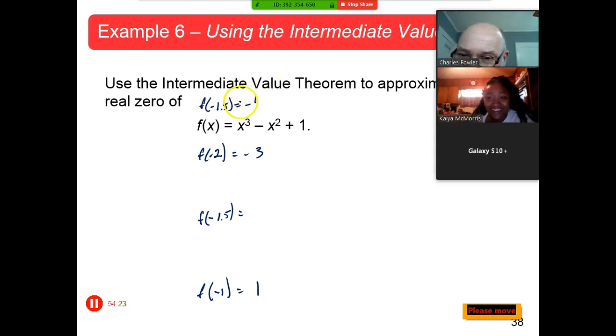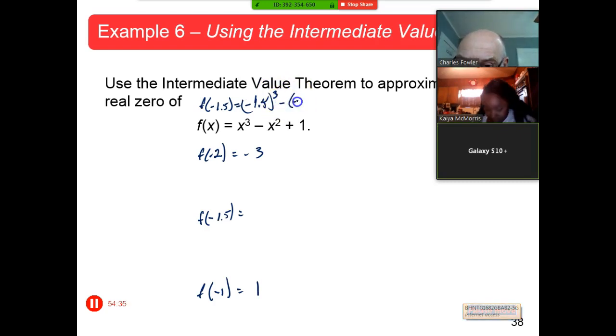All right. So this is going to be negative 1.5 cubed, minus negative 1.5 squared, plus 1. What's negative 1.5 cubed?